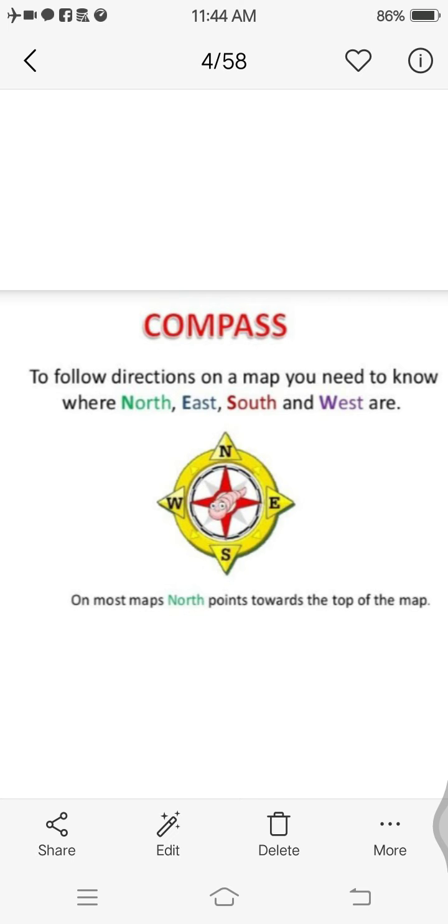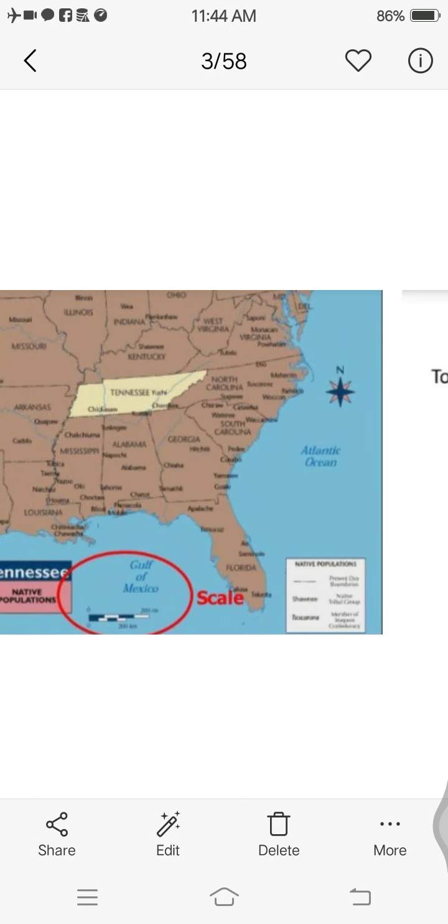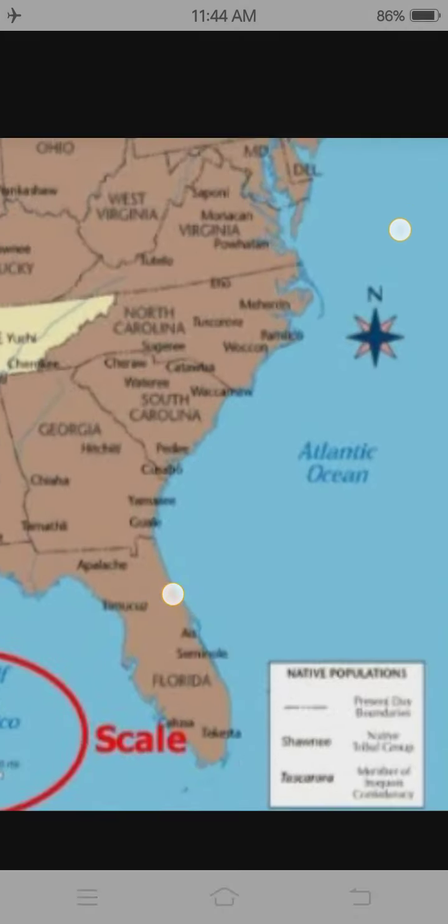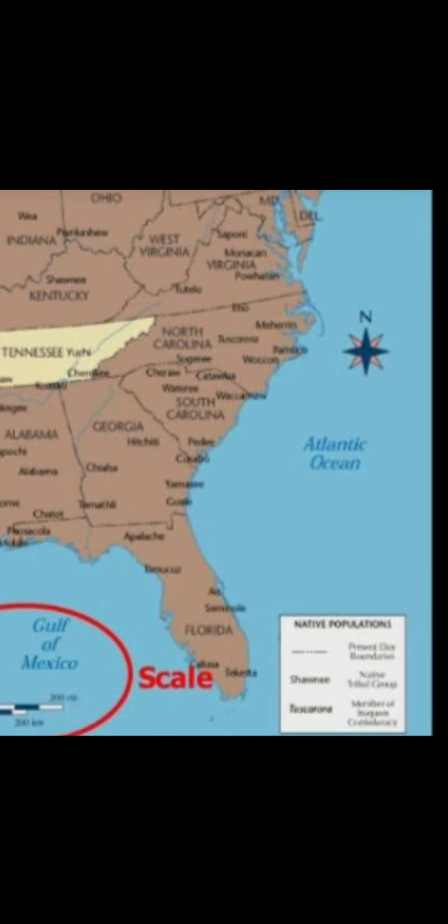Then there is the compass or direction. Direction is also very important, showing which way your map is oriented: north, south, east, west. Look over here, this shows north and south, where your map is found.